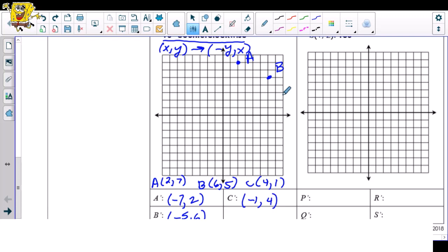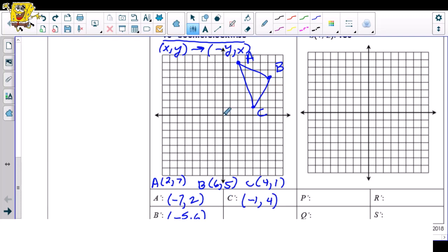And then C is at 4, 1. Like that right there is C. All right, so then we have that triangle right there. So that's our pre-image. Then our image is going to follow A prime, B prime, C prime.